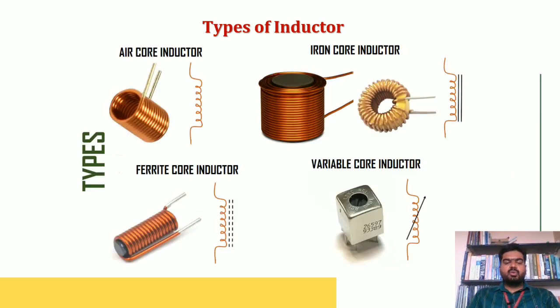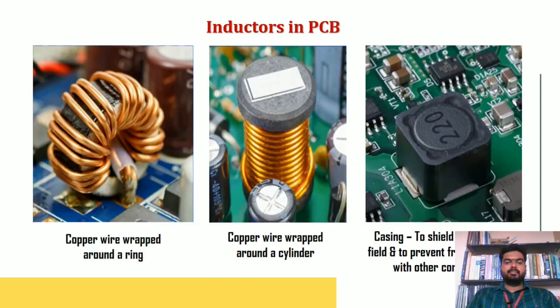In the image you can see many inductor types represented: air core inductor, iron core inductor, ferrite core inductor, and variable core inductor. These are all the various types of inductors. Based on the circuits and applications, we can use either one accordingly.